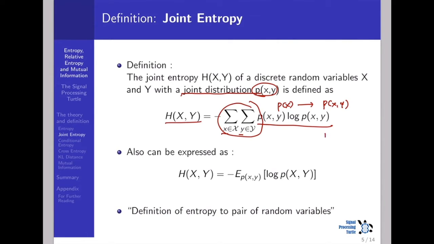We can also express this entropy value with expectation, which is minus the expectation with respect to p(x,y) of log p(x,y). So this is the definition of entropy for a pair of random variables, in this case x and y.